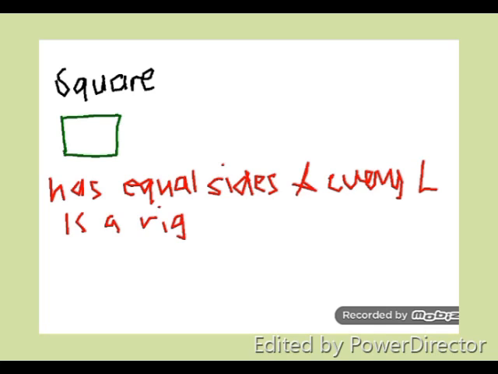Square has equal sides and every angle is a right angle. Equal pa din siya sa 90 degrees.